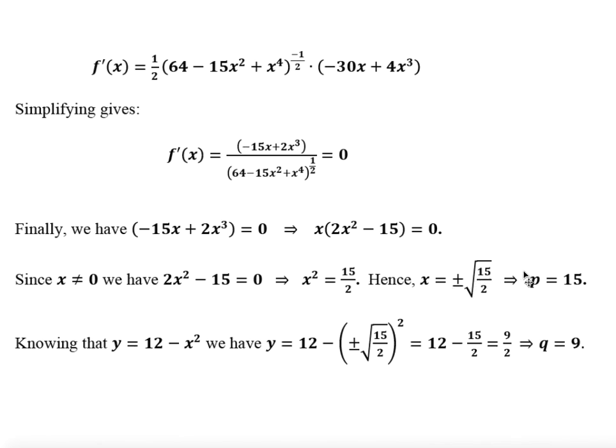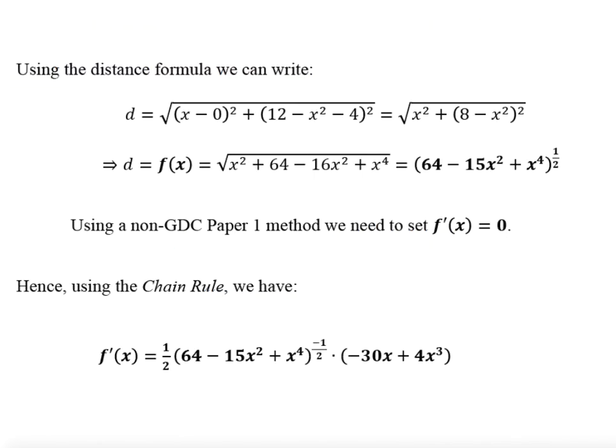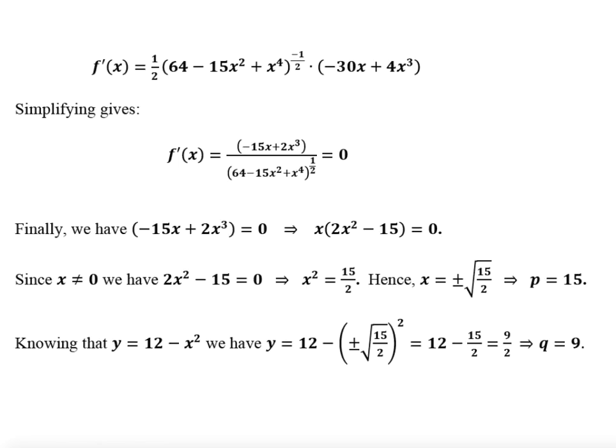And so in terms of the actual form that we were looking for, which was a p, the root of p over 2 form, we pick up the p of 15, and knowing of course that y is equal to 12 minus x squared, we can plug that x value in and establish that the y value is 9 over 2, so q ends up being 9, because of course the form that you were actually looking for was that particular form there. That's what explains why p and q, the way they look, the actual values of 15 and 9 respectively.